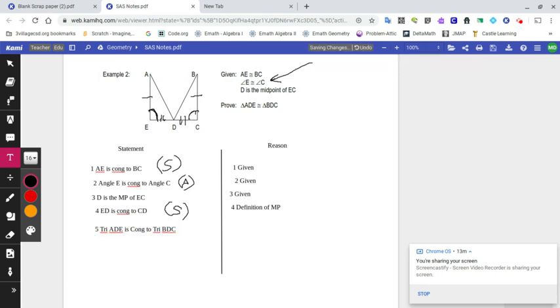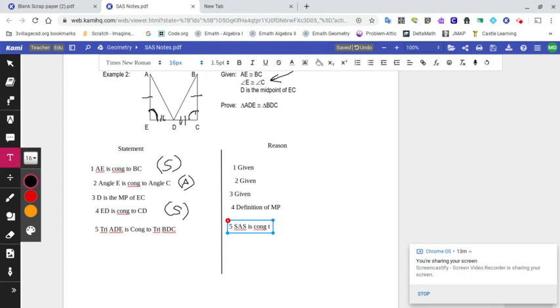And again, this is how we're going to finish up with a reason. We're going to say SAS, side angle side, is congruent to side angle side.